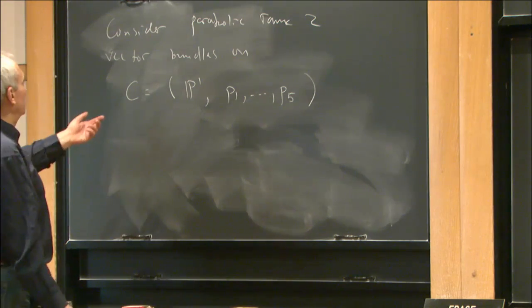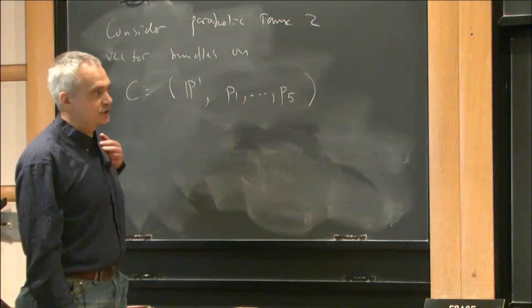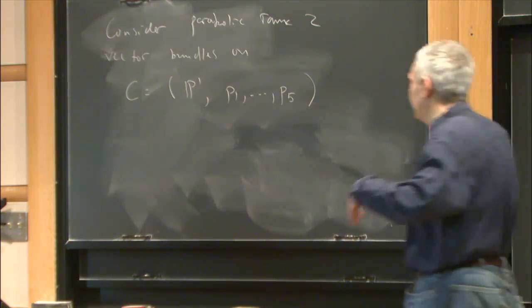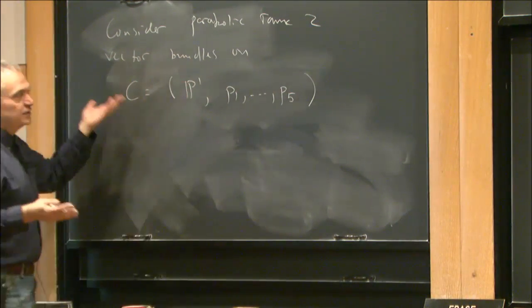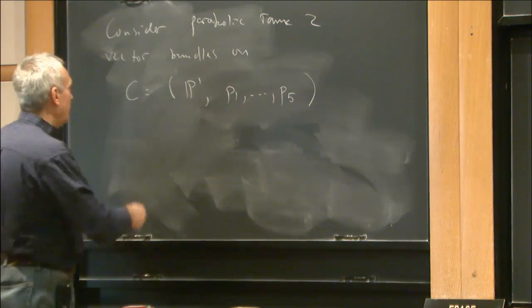I would like those to have a full parabolic structure. You could always assume that you have a full parabolic structure if you allow coincidence of the weights. If you allow degenerate systems of weights, then you can say that you have as many jumps as the rank. In this case, there will be 2 jumps for each point.